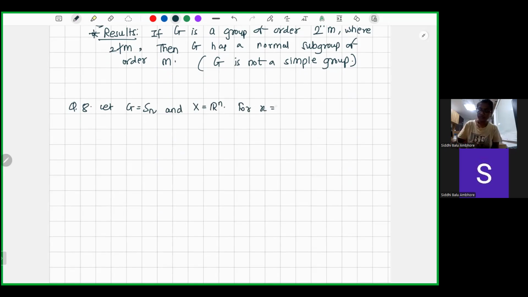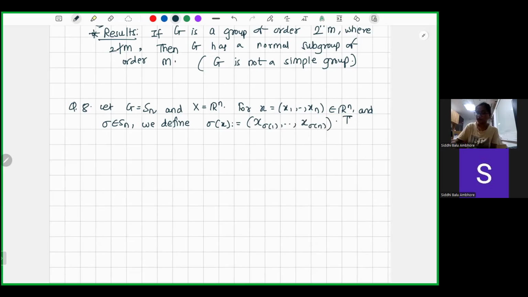And again, for sigma belonging to Sn, we define sigma x as x sigma 1, up to x sigma n. Then G acts on X by the map as we defined earlier.